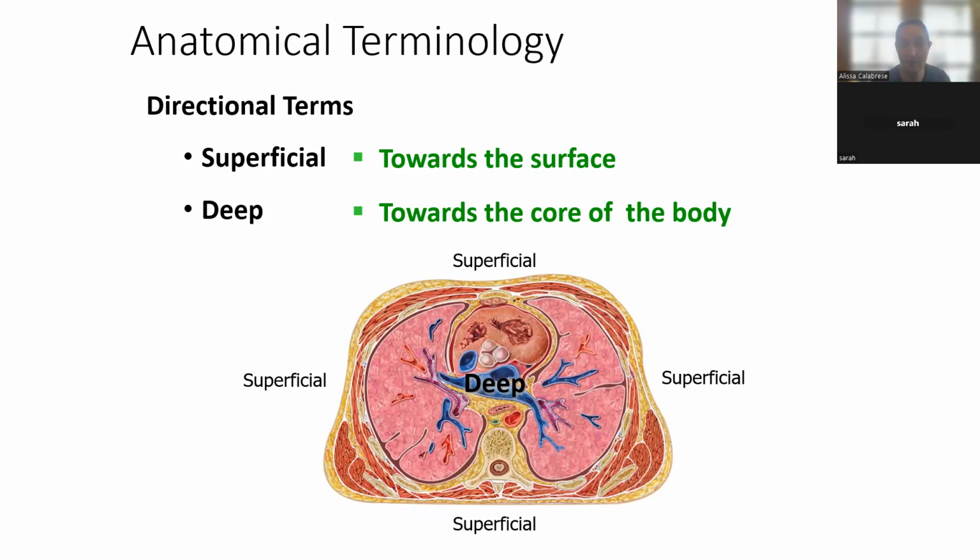Superficial, closer to the surface. Deep is deeper within the core of the body. Again, relative terms. Obviously the vessels in here are deeper than the lung itself, but we can also look at this muscular wall and say that's superficial to the lung.